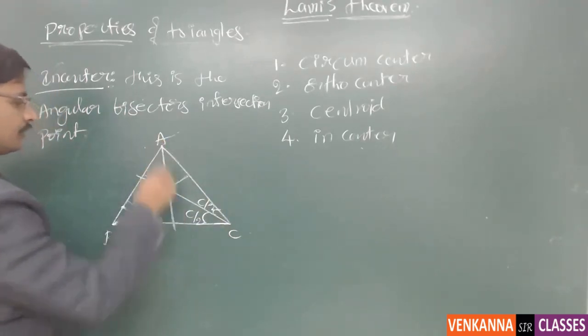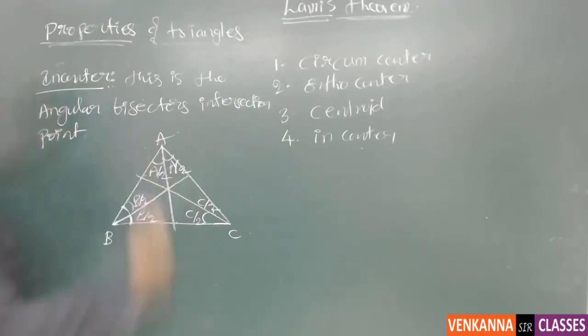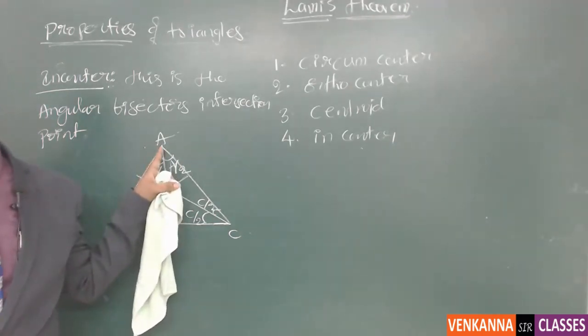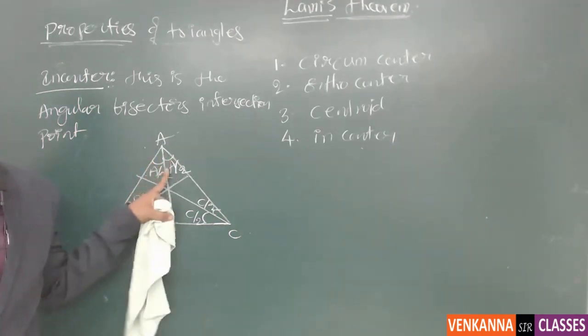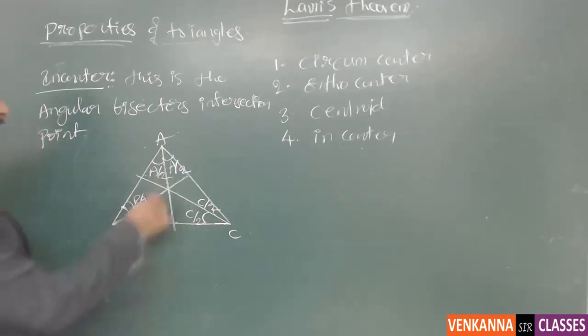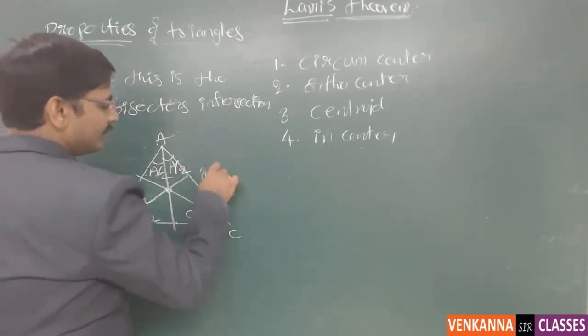And here also, this is A by 2 and this is A by 2. So the line drawn from the corner bisecting the angle to the opposite side, for all three angles, will be concurrent. So this concurrent point is called the incenter.